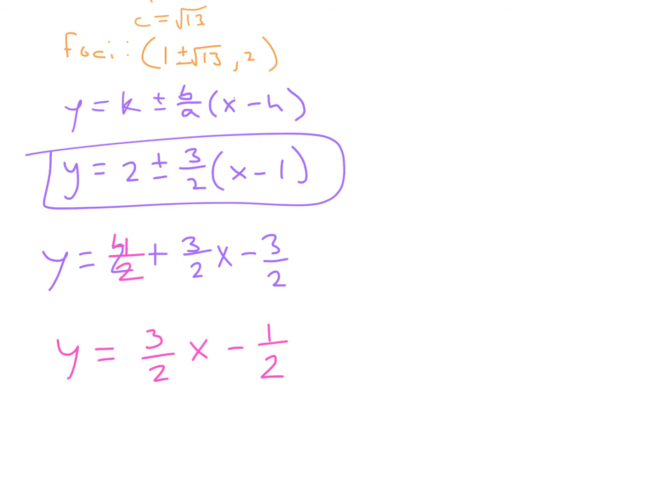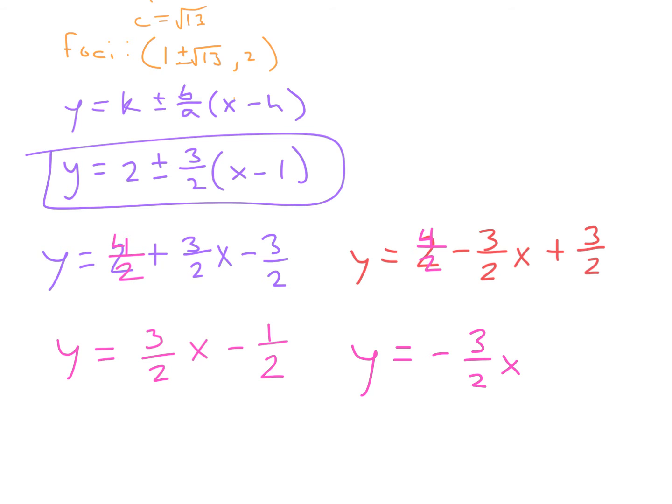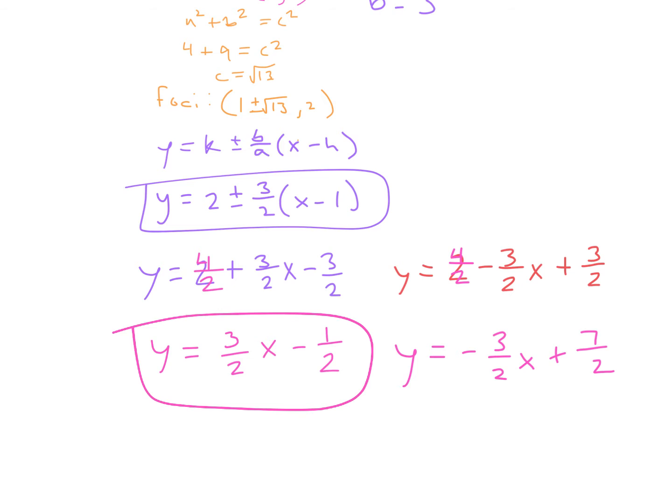So that's one of my asymptotes. The other one I do the same thing, but it's going to be the negative. So this would be 2 minus 3 over 2x. Negative times a negative is a positive 3 over 2. I need to combine my like terms, so I can make this a 4 over 2. So this would be y is equal to negative 3 over 2x plus 7 over 2. So these are my two asymptotes.